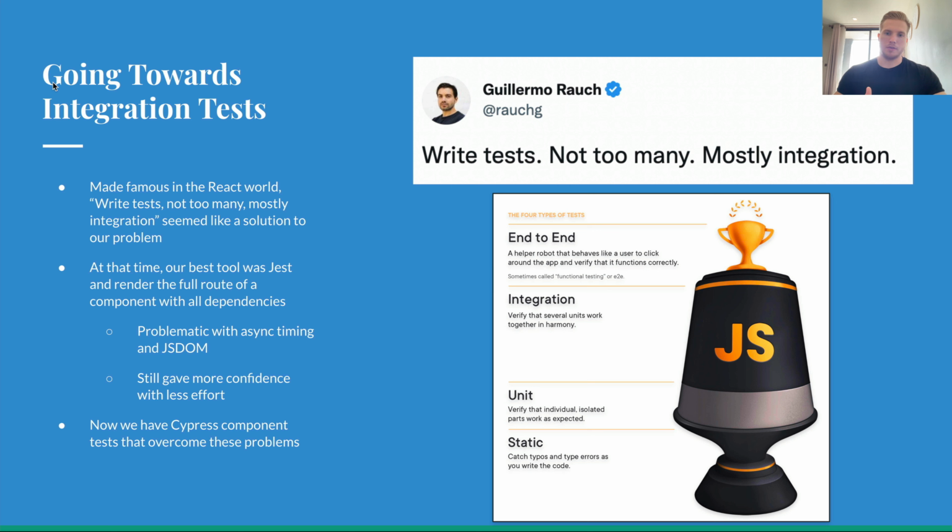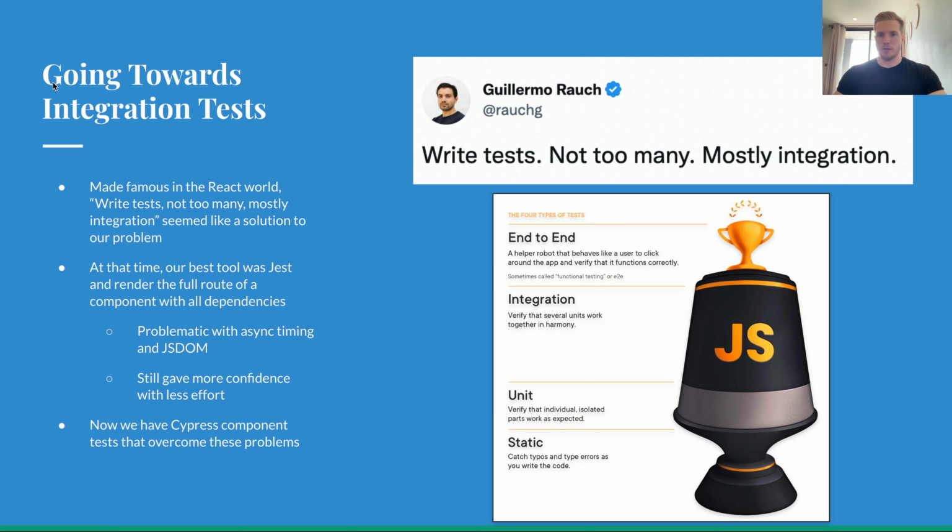So on our first implementation of this particular banking project, we were doing it with Jest. And we were setting up our own framework to render the whole part of the app, so we could render a feature route, and that had some problems with dependencies and with the whole setup of rendering the component, because Jest runs with JSDOM, which is not a real browser, so that is giving you problems with the differences between what you expect to be in a real browser and what you have to fake in JSDOM.